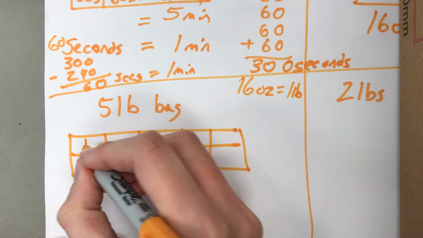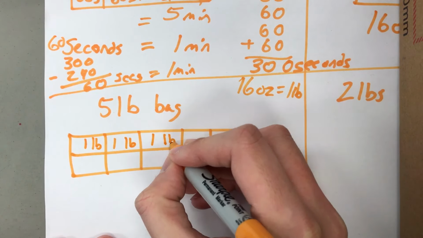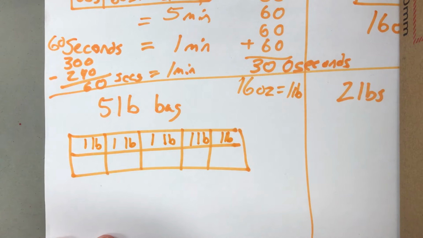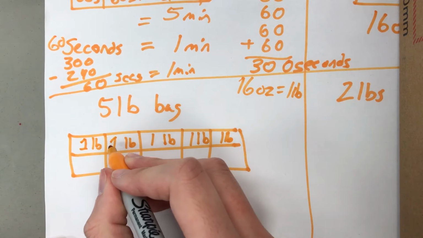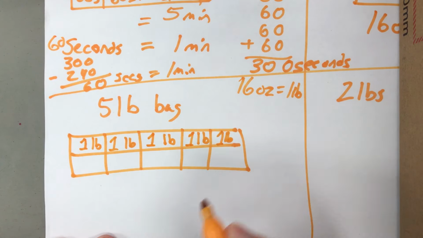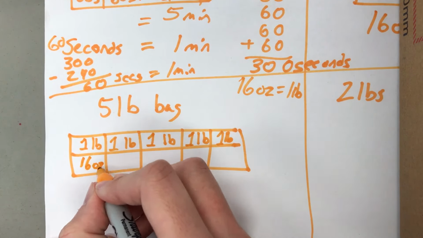I will have each pound, 1 lb. I know that kind of looks like 11 on some of these, so I apologize for that, but that should be 1. Let me make my 1s be different than the L. 1 lb, and that's going to be 16 ounces.